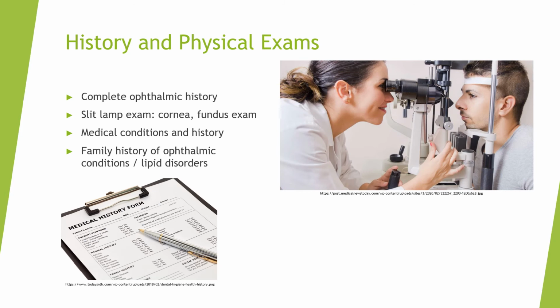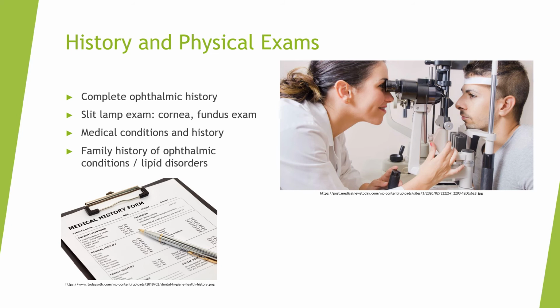Do a complete ophthalmic history, asking whether there have been visual disturbances. Do a slit-lamp exam, focusing on the cornea and the retina through a fundus exam. Cover all their medical conditions and their progression.